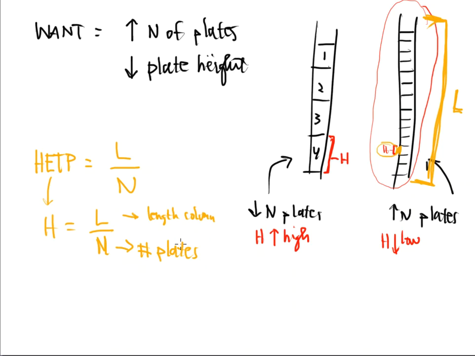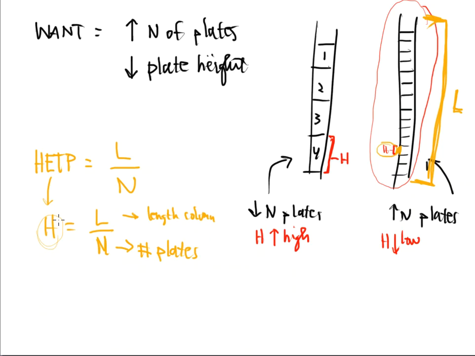So basically what this equation is doing, kind of simple, is that it takes the length of the column and divides by the number of plates that are present. And this gives you the height of each plate that's inside of the column. That's all that it's doing.